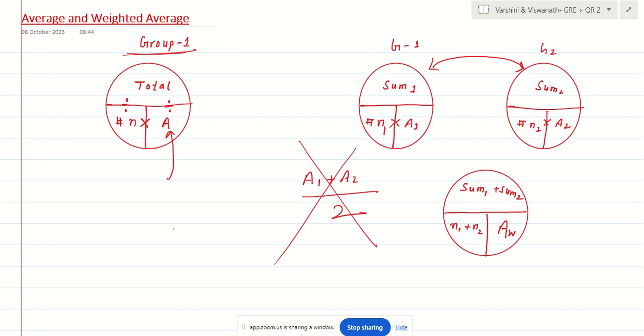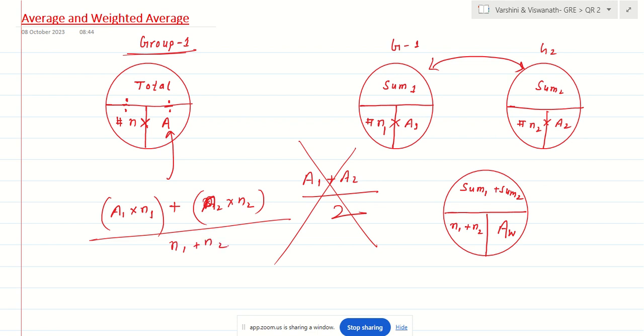So can I say, in other words, sum 1 is a1 into n1? Correct? That is sum 1. What is sum 2? a2 into n2, divided by n1 plus n2.